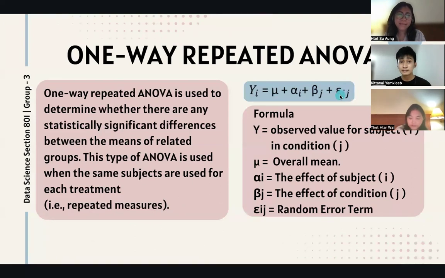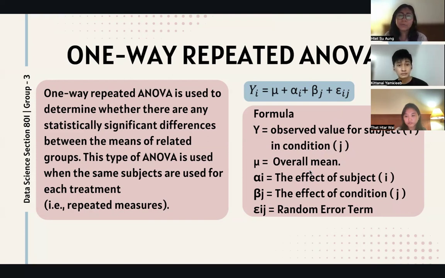Okay, I will be explaining the one-way repeated ANOVA in our hypothesis testing. So what is one-way repeated ANOVA? It's a model for the analysis of variance between the means of the groups.